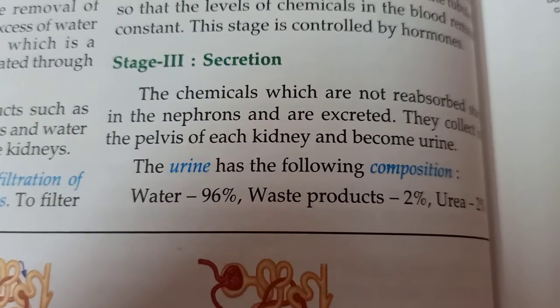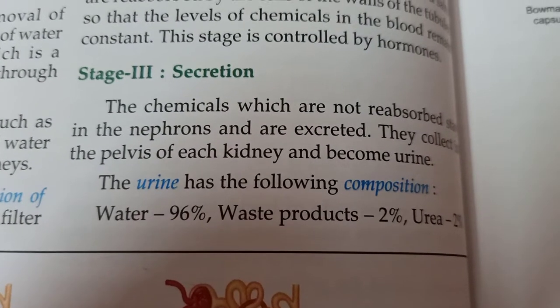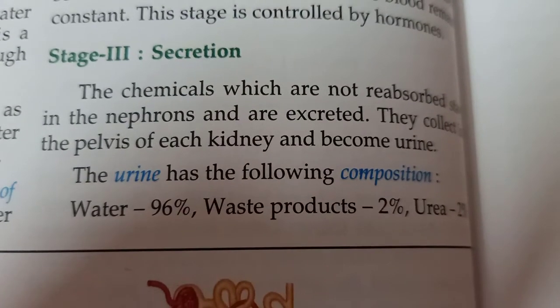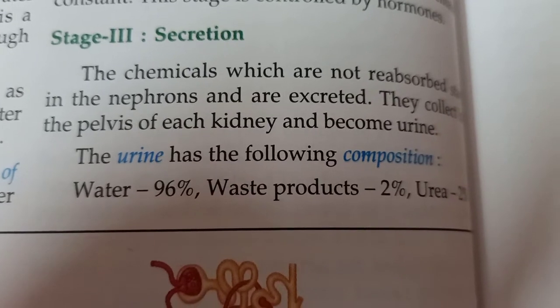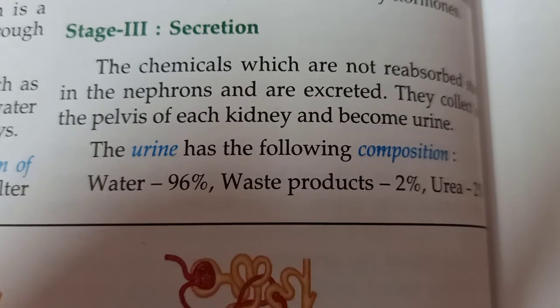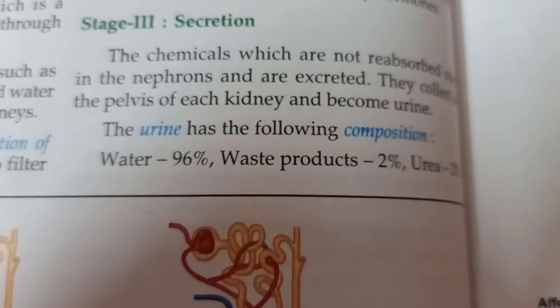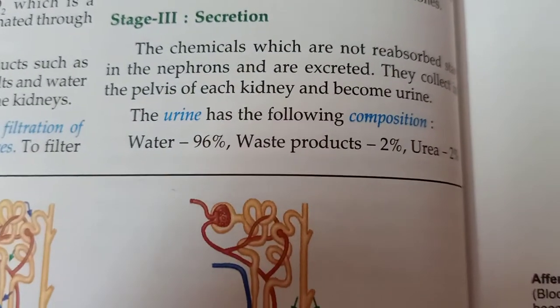Now the third stage of urine formation is secretion. The chemicals which are not reabsorbed stay in the nephrons and are excreted. They collect in the pelvis of each kidney and become urine. Now the urine has the following composition: water 96%, waste products 2% and urea 2%.